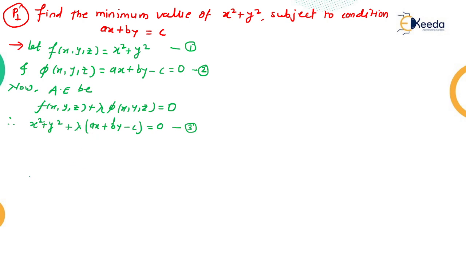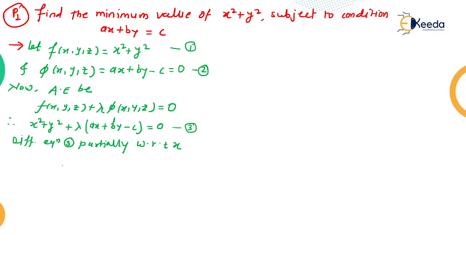So differentiate equation 3 partially with respect to x. This is very important: partially, because the function contains two or more variables, that's why we have to use partial differentiation.